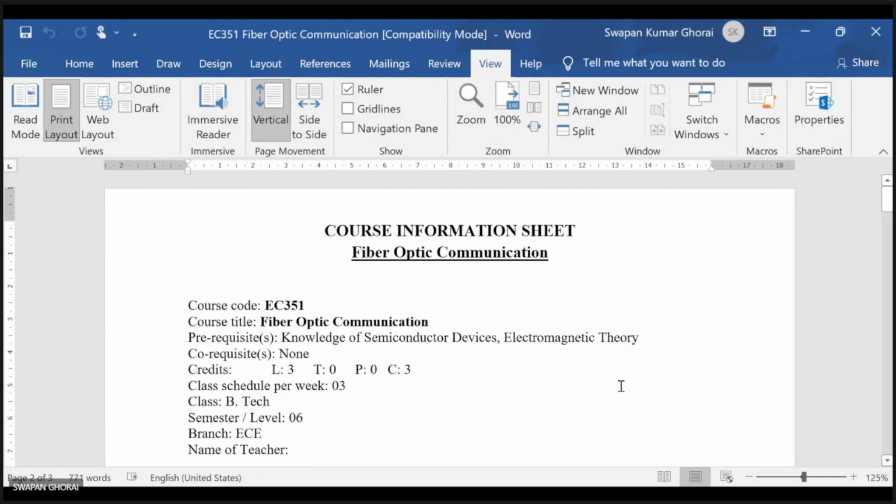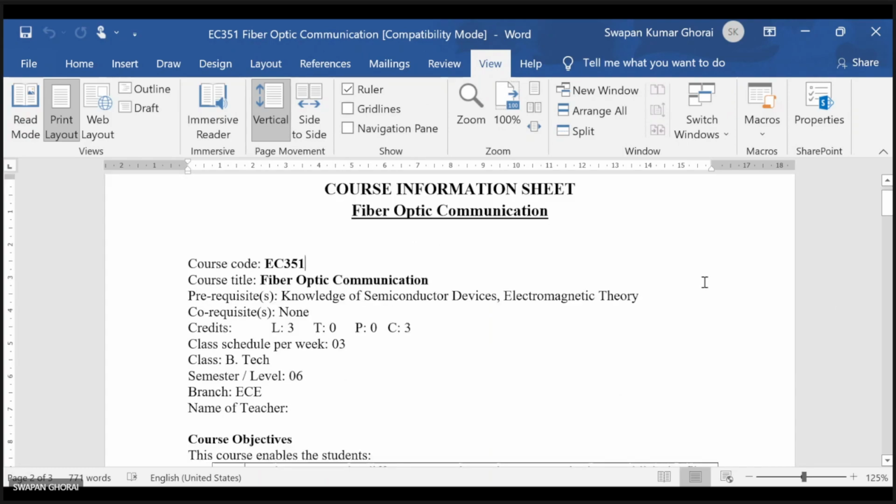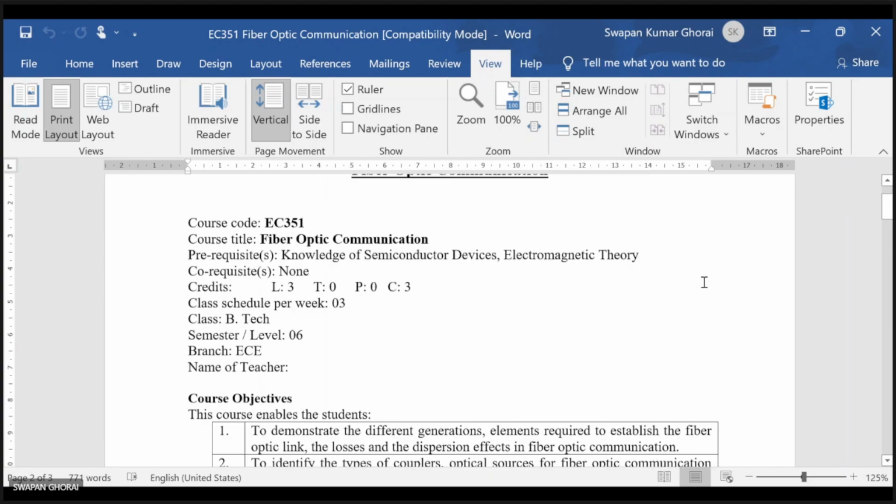The paper is now fiber optic communication, and here you see the course objectives. Preliminary, basics of semiconductor devices are required, because in communication there will be different sources and detectors, and those are based on semiconductor materials.